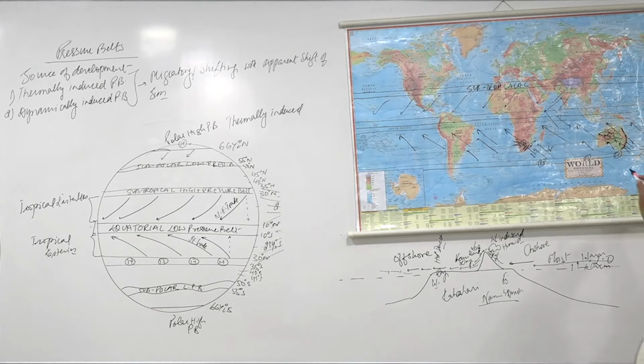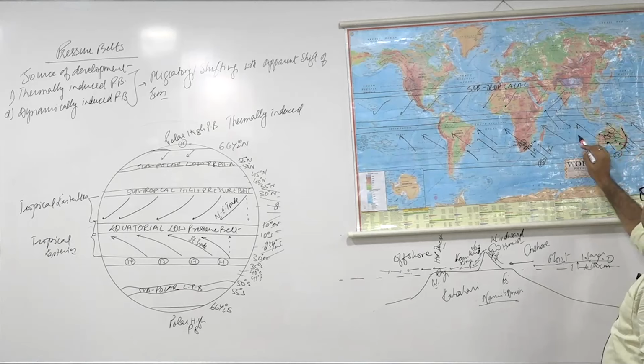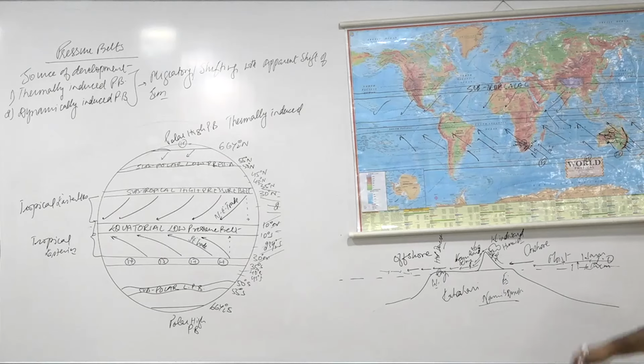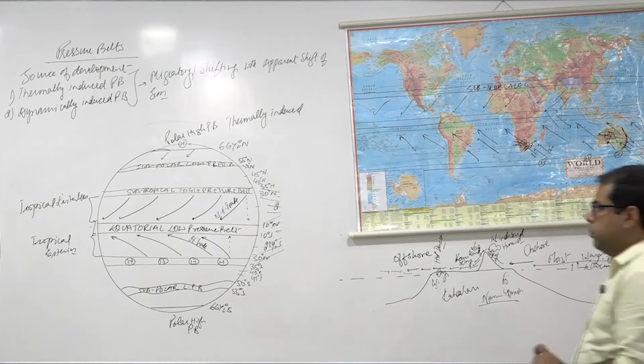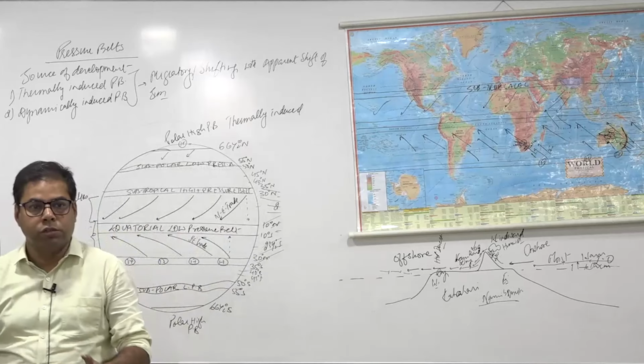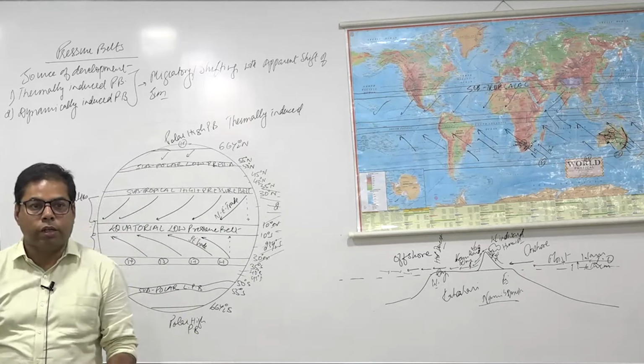Which area is it? This is Tropic of Cancer. Sorry, Capricorn. Which region? So here is a formation of desert in the tropical, subtropical areas. Did you understand? So trade wind is responsible for the formation of hot desert on the margins of continents as well as in the interior part of the continent, because they are hot and dry.